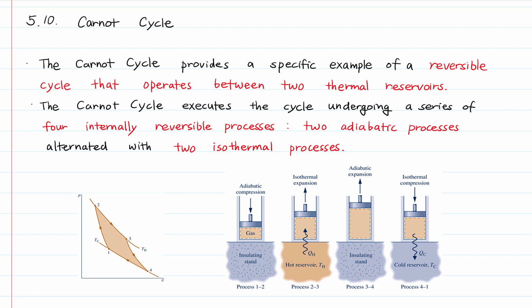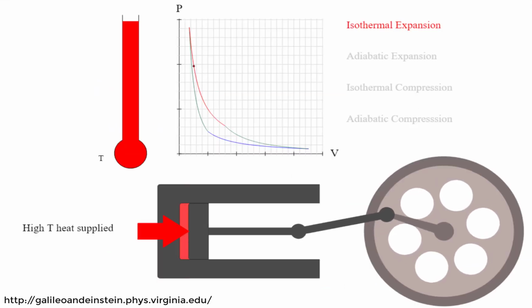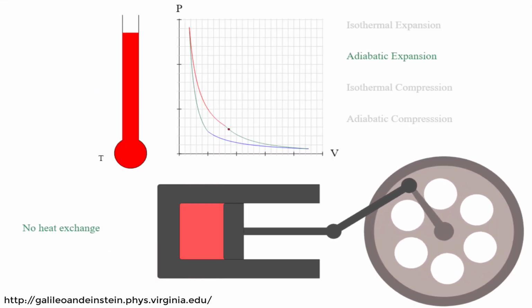So let's see the Carnot cycle in a piston cylinder device. It is a closed system.